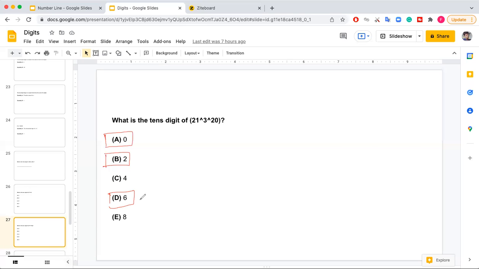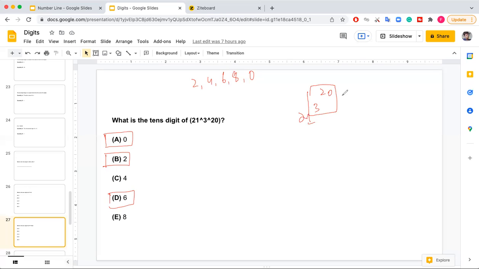First, tell me what is the cyclicity of tens digit for 21? That is 2, 4, 6, 8, and 0. But in power we are having 3 power 20. So how will you cater for this power? Divisible by 5, yes, exactly.